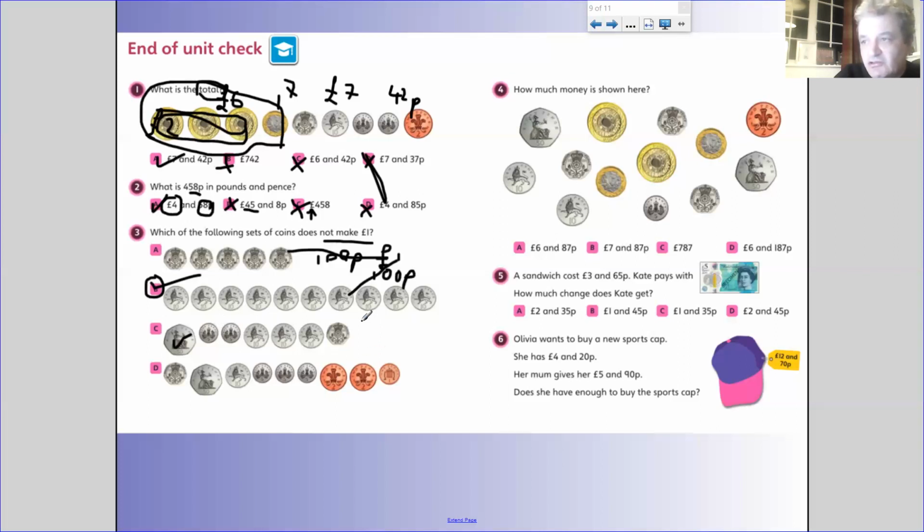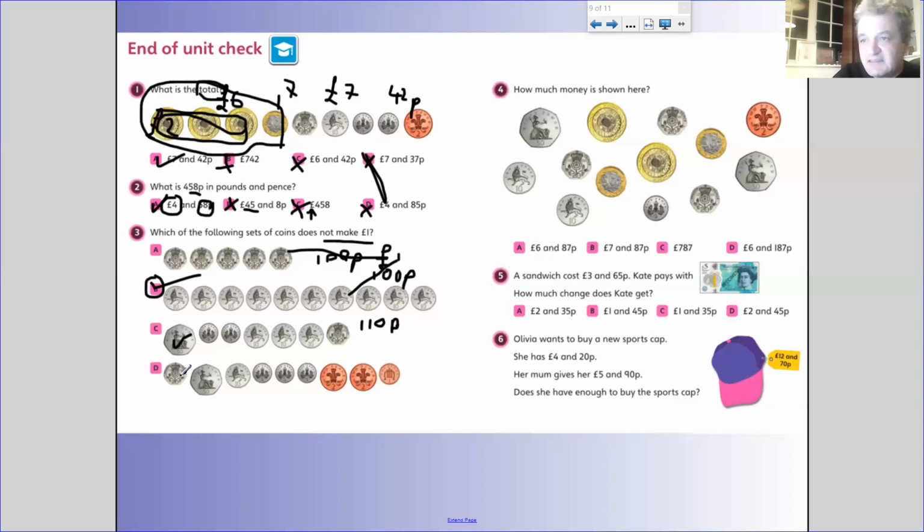So I've got 100 pence plus 2 5s, which is 10. 110 pence. So that does not make £1. That's greater than £1. It's more than £1.